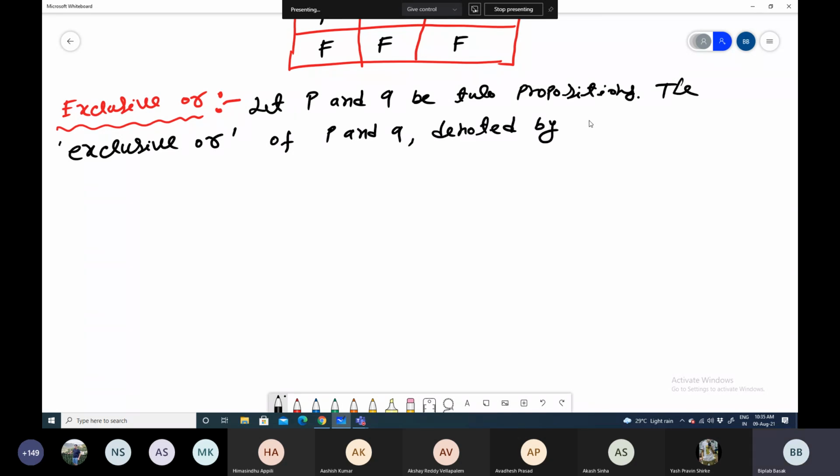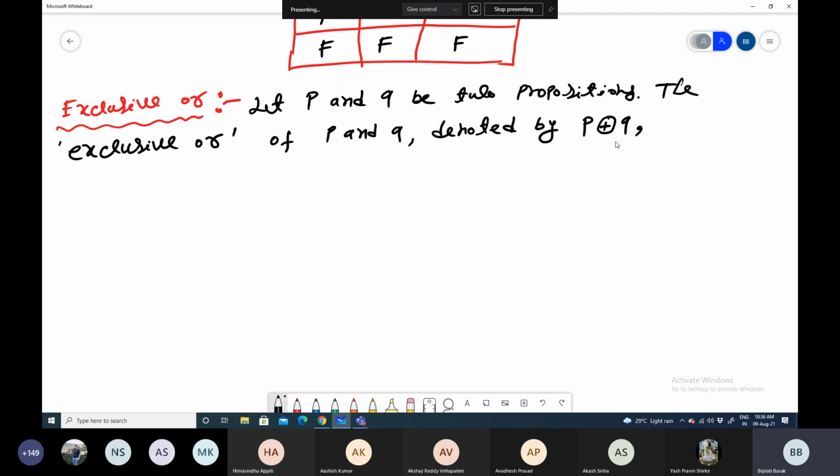You should remember those notations as well. Generally we use this kind of notation for the exclusive OR, but the notation is not always standard. That means different books may use different notations. If you use a different notation, it will be difficult for us to understand, so it is better to use only these notations. Follow these books only, because other books may use different notations.